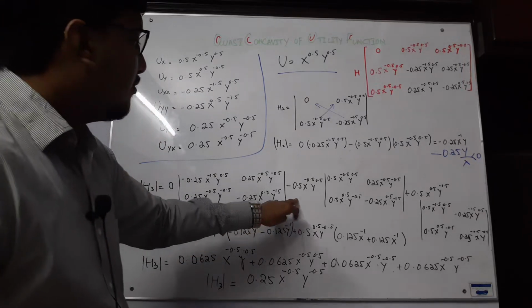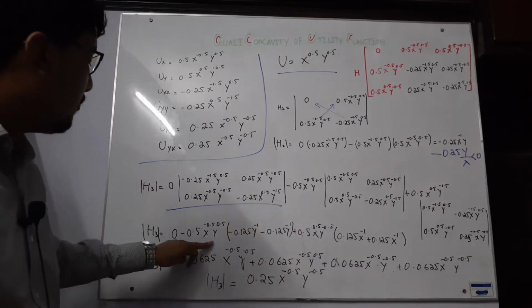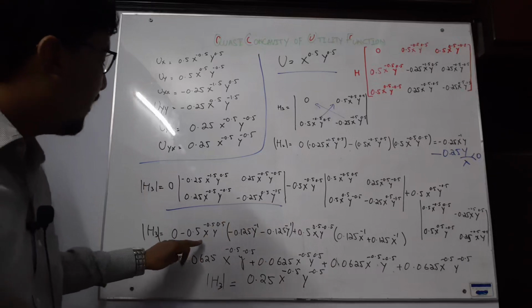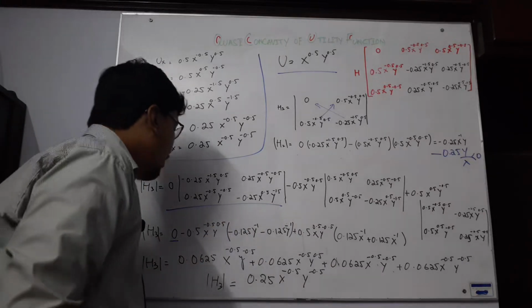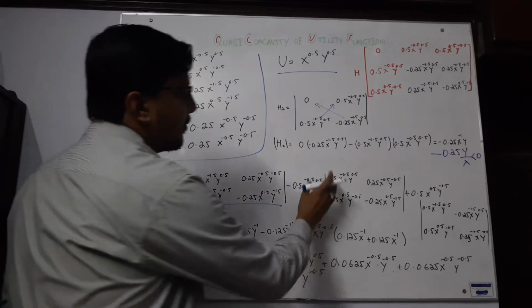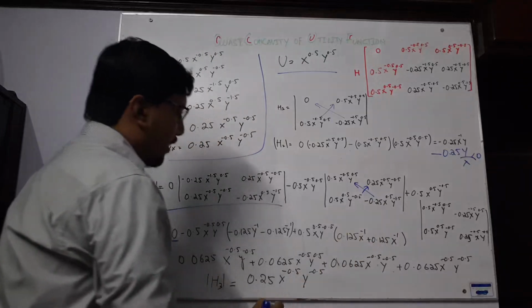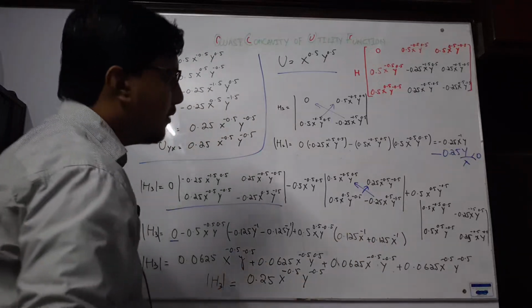Then we are keeping the same term, minus 0.5 x power minus 0.5 y power 0.5, and now we first multiply by using the cross terms, and we will use the minus sign of the formula.